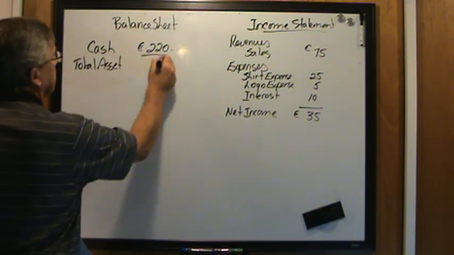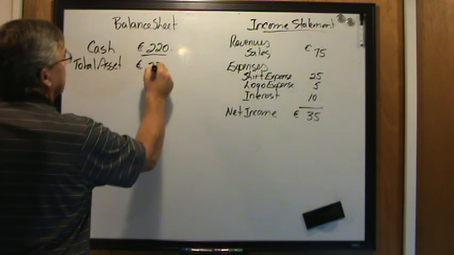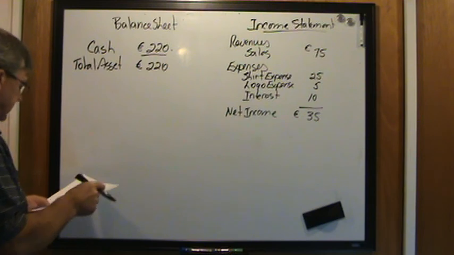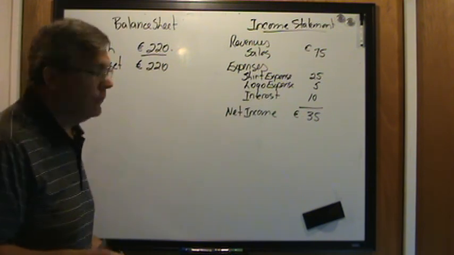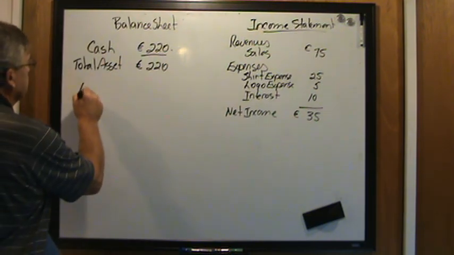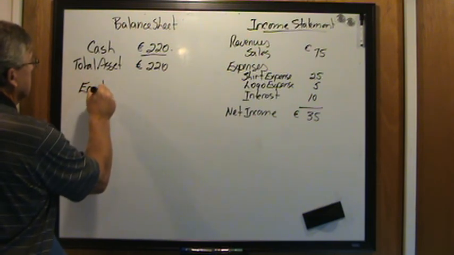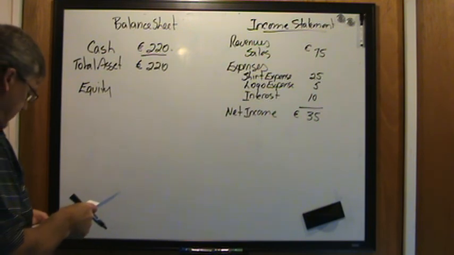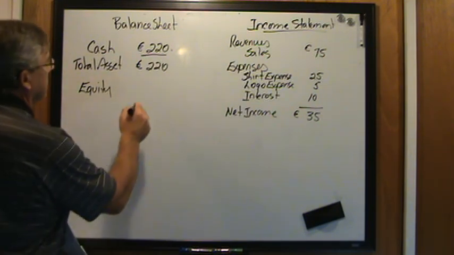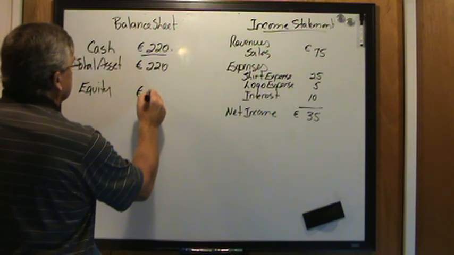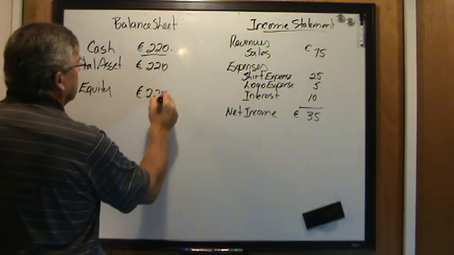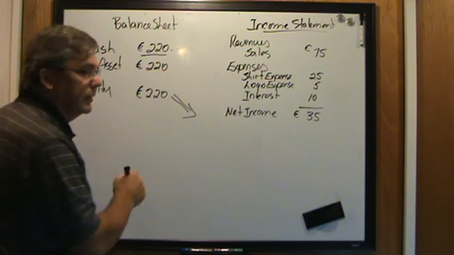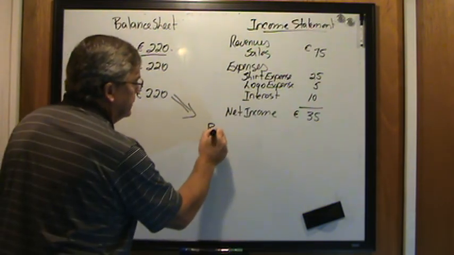So total assets are 220. And we have equity. We have no liabilities. So we have equity in the amount of 220 also.